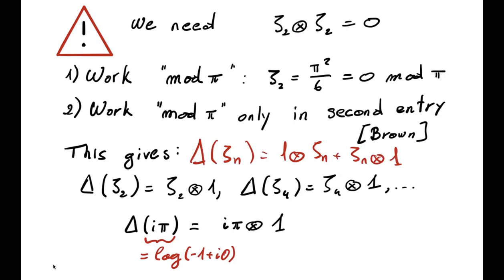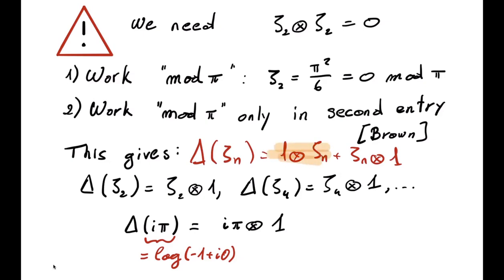If n is even, zeta n is proportional to some power of pi squared. But I should work modulo pi in the second entry, so I should drop this term when n is even.